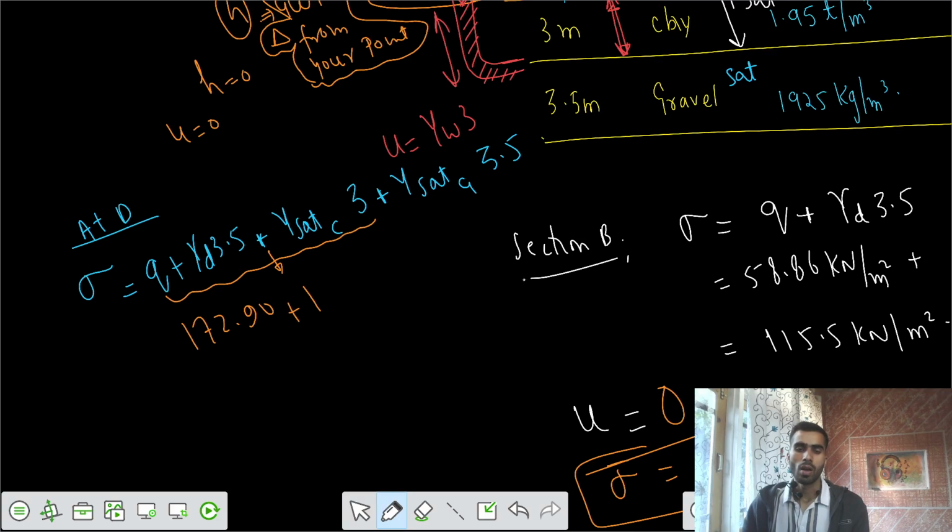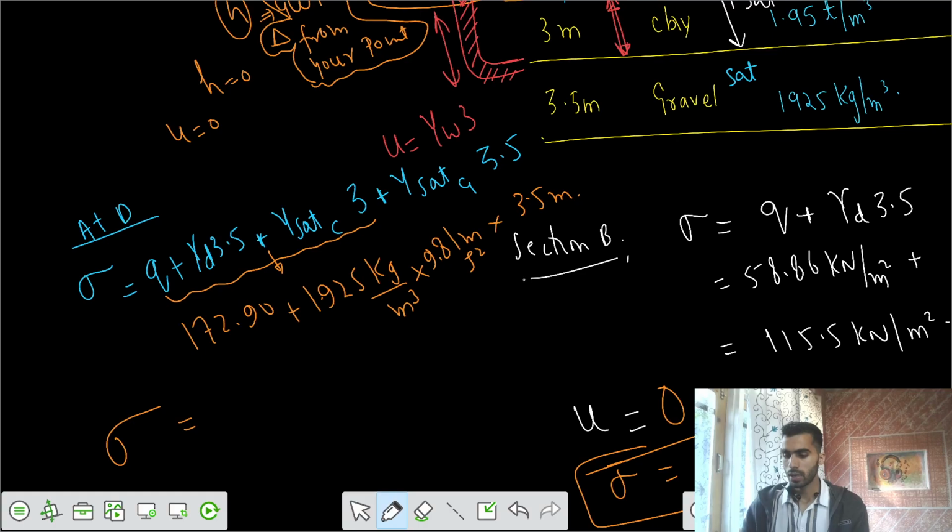We can write it this way: 1.1925 tons per meter cube into 9.81 meter per second square into 3.5 meters. And this value finally would be the total stress at D, which is 238.99 kilonewton per meter square.